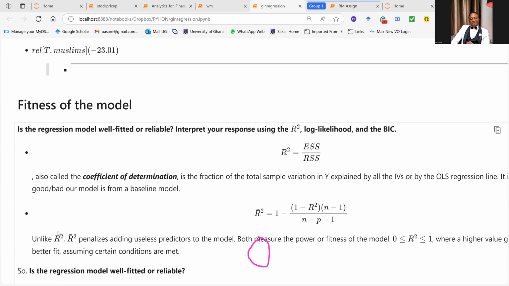Now, let me ask you a deep question. If the R square is equal to the adjusted R square, what does that mean? Rashid, are you here? What does that mean?